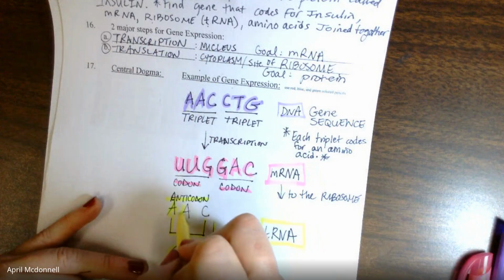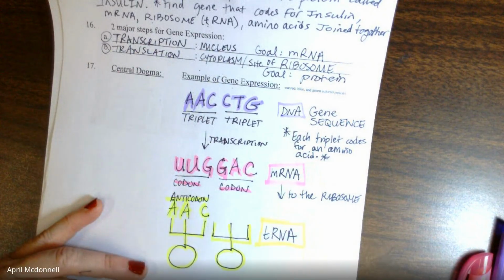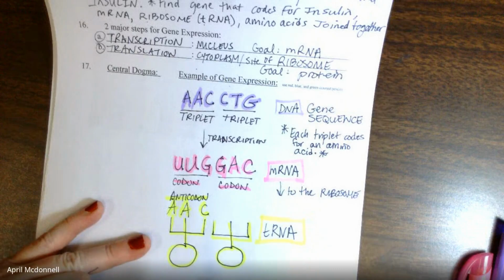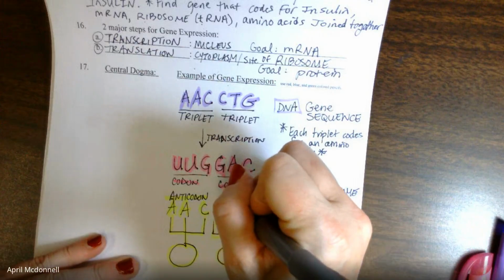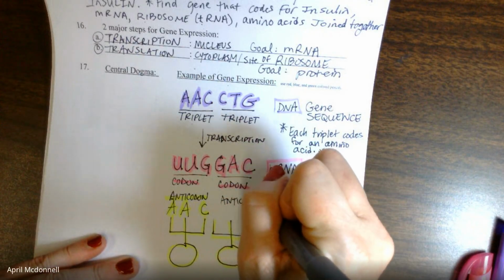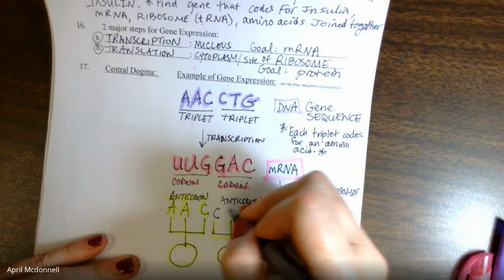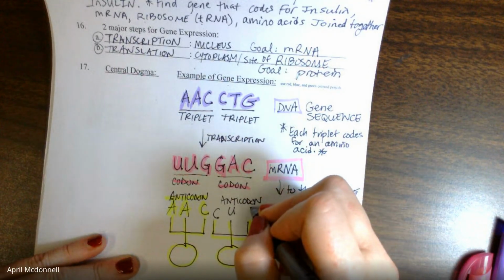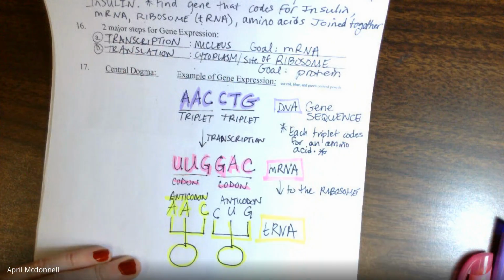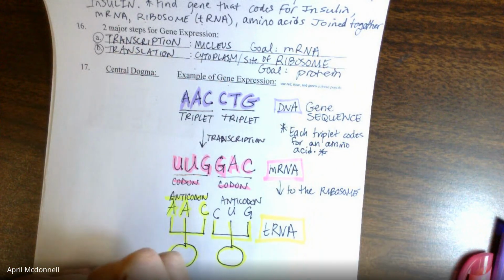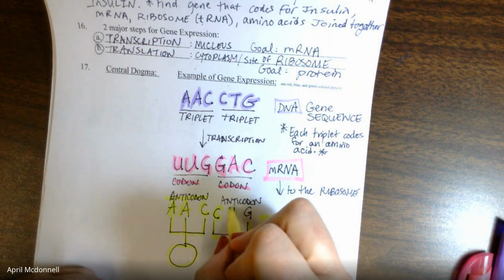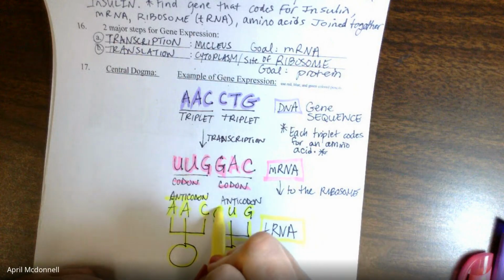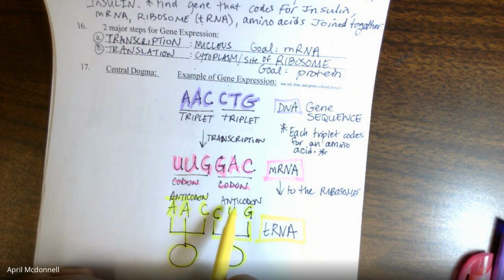Can you figure out the anticodon for the second transfer RNA molecule? It's going to be C, U, G, because C is complementary to G, U to A, and G to C.